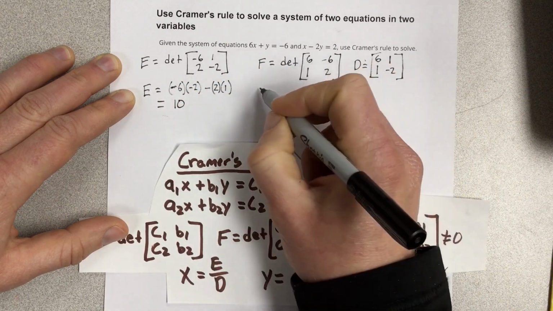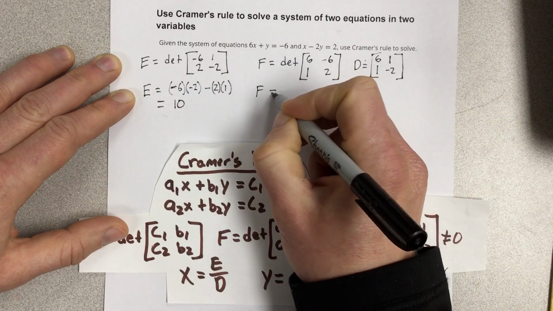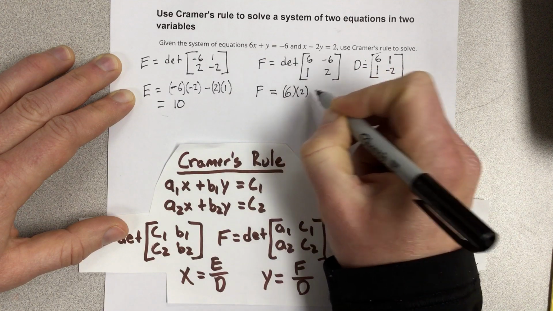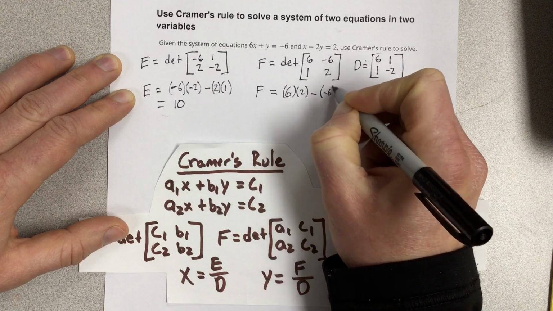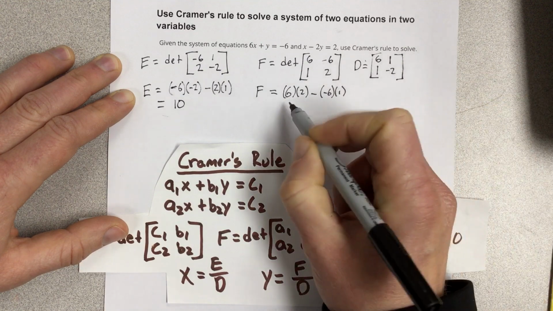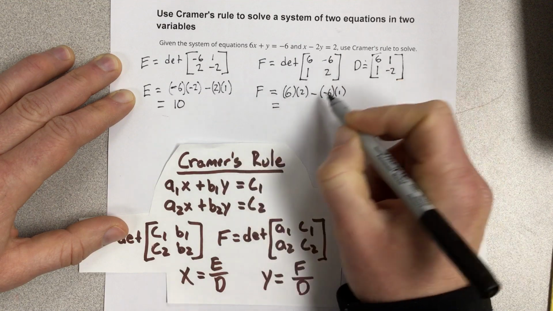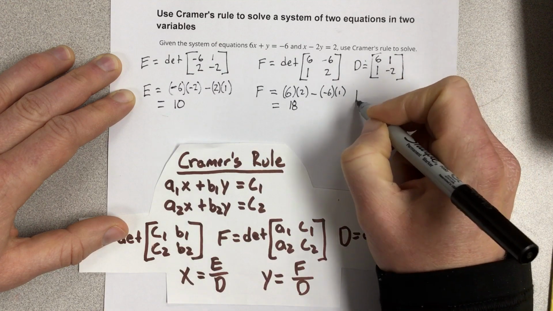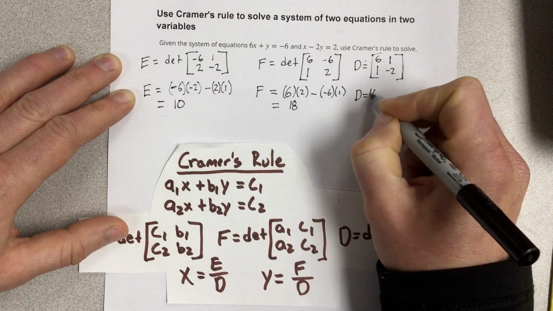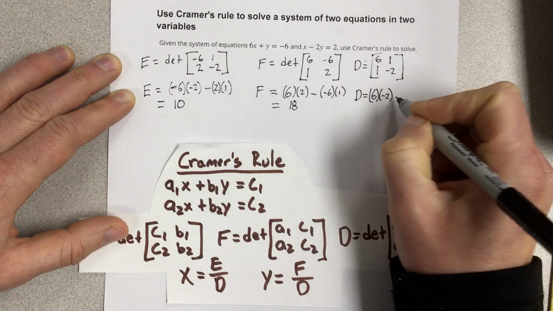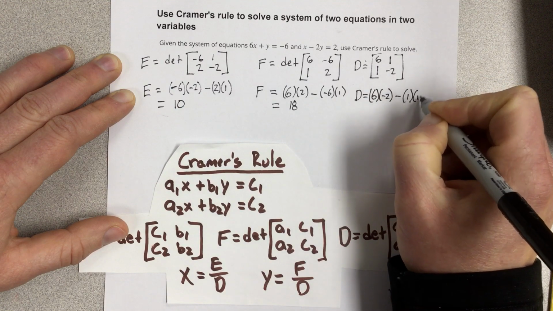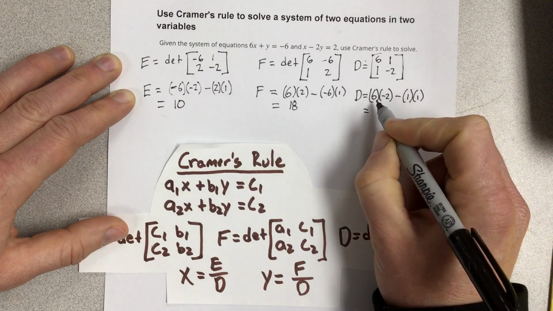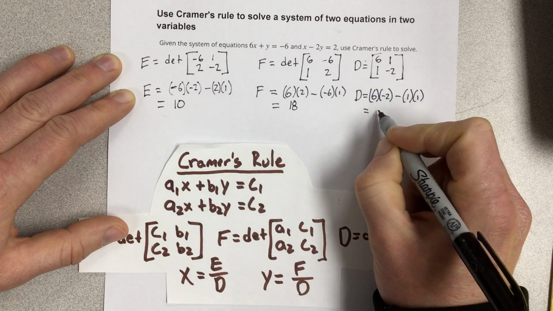For F, we're going to do 6 times 2 minus -6 times 1. And that's going to give you 12 plus 6, which is 18. And then for D, we have 6 times -2 minus 1 times 1. That's -12 minus 1. So -12 minus 1 would be -13.